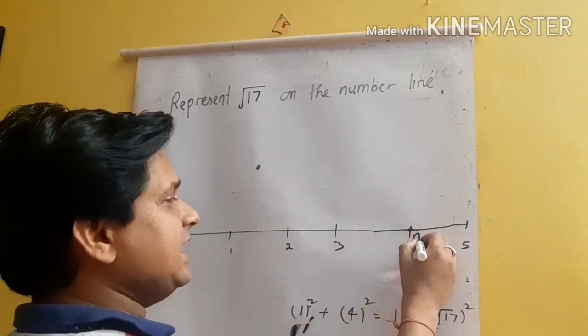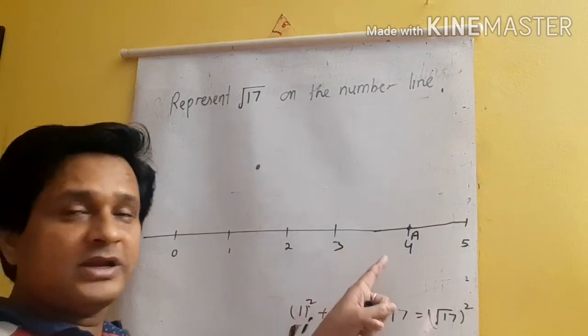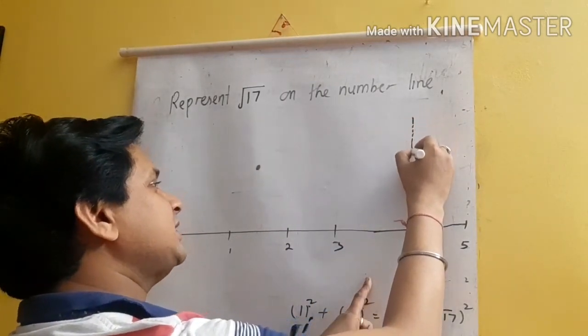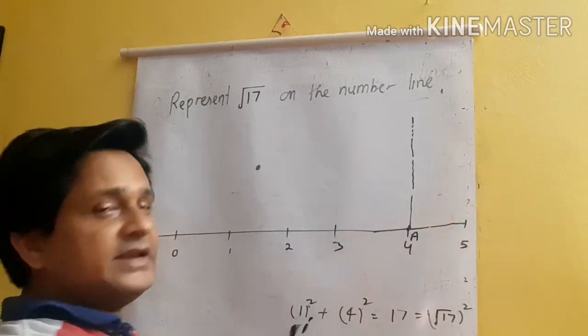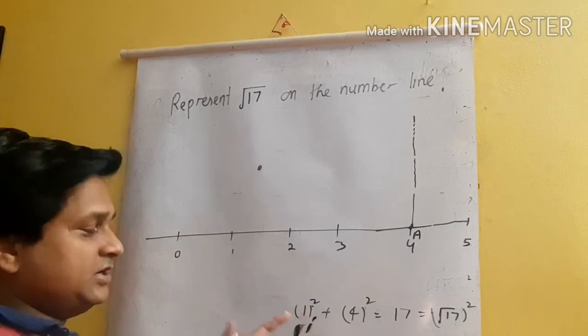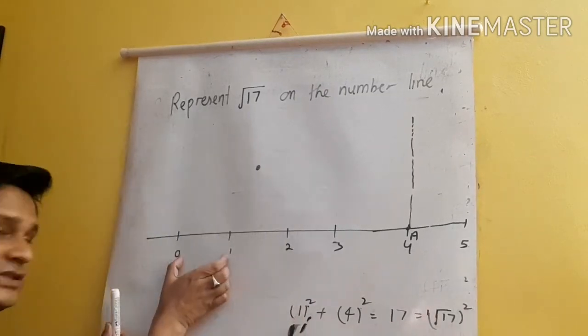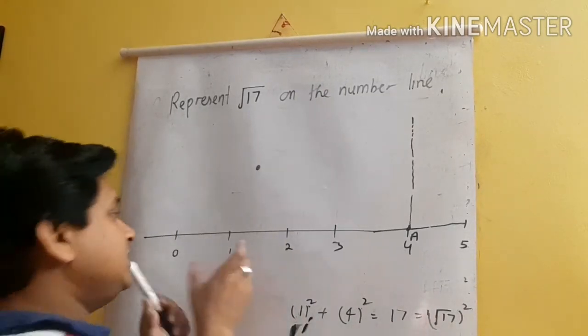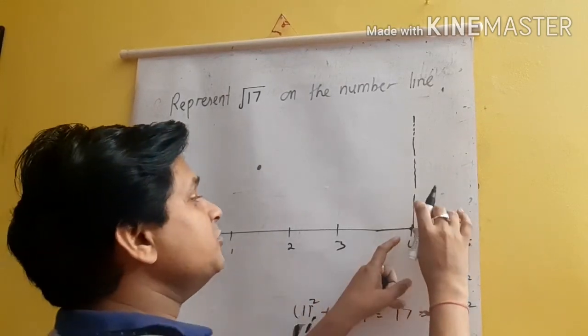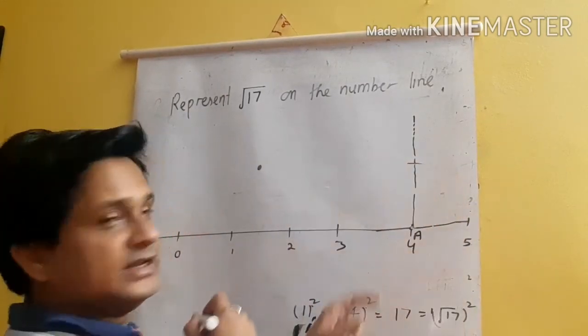You take it as A and you will draw a perpendicular line on this A, using your protractor or compass. 90 degree you will draw. Now perpendicular distance is 1 unit.